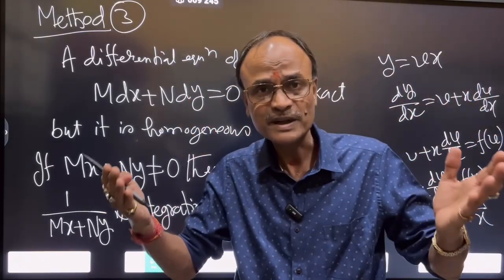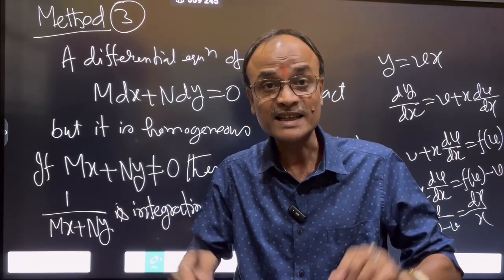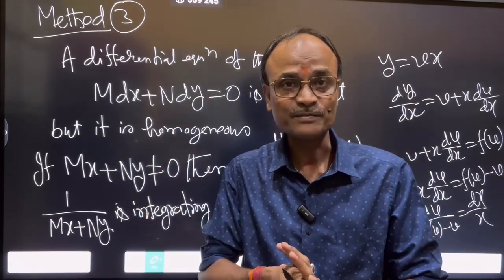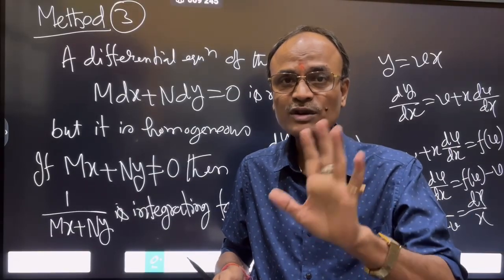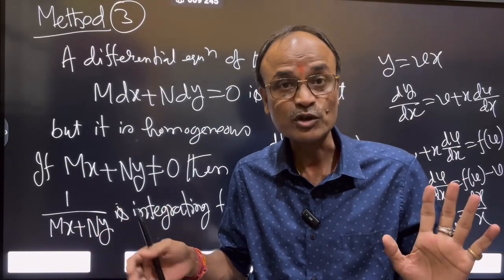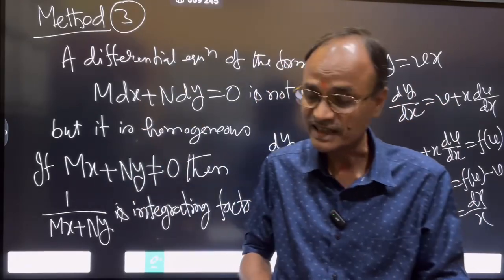If you multiply the differential equation by the integrating factor, then the differential equation becomes exact. Means del M by del y equal to del N by del x for the new differential equation after multiplying it by the integrating factor.